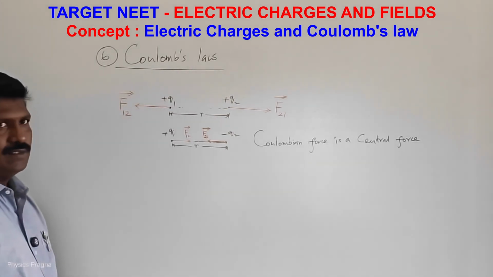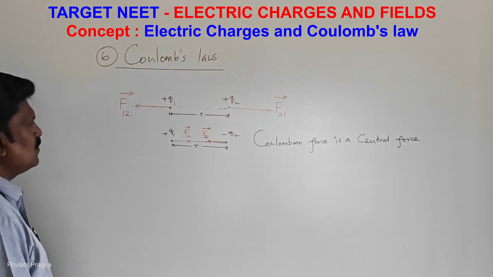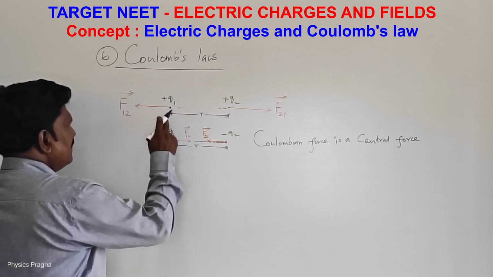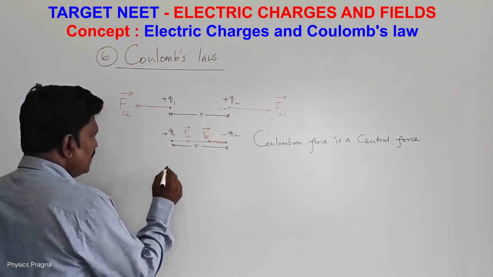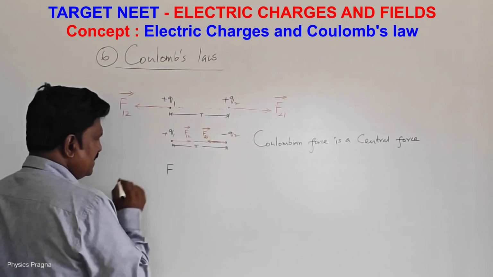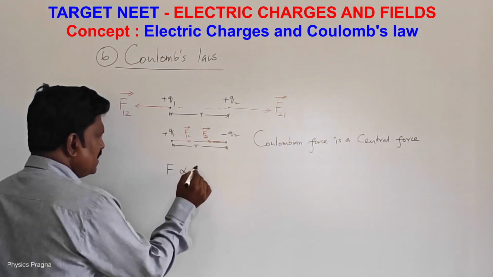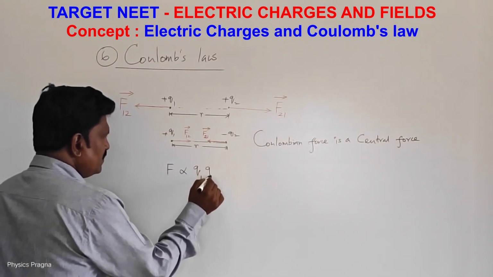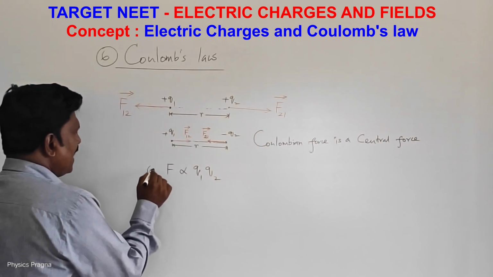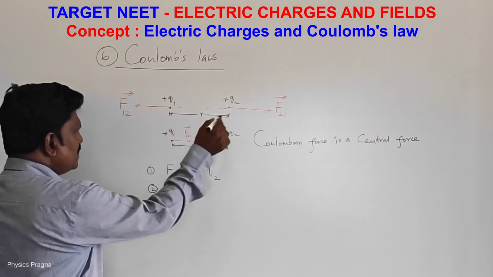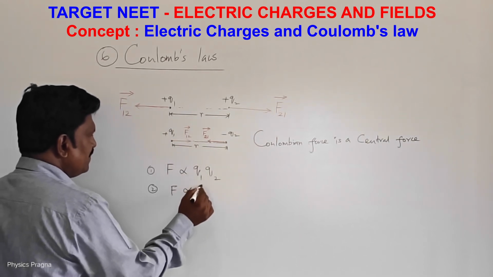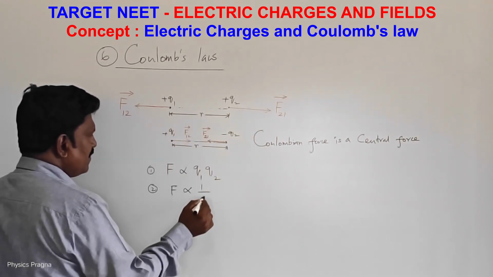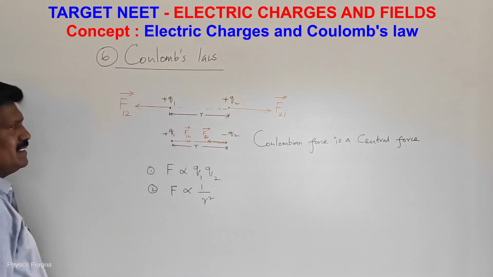Let us go through the statement of Coulomb's law. Coulomb's law says that, whether it is a repulsive or attractive force, the force acting between two charges is directly proportional to the product of those two charges, and secondly, the force of repulsion or attraction between the charges is inversely proportional to the square of the distance between them.